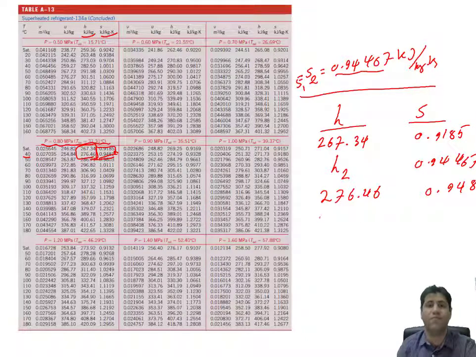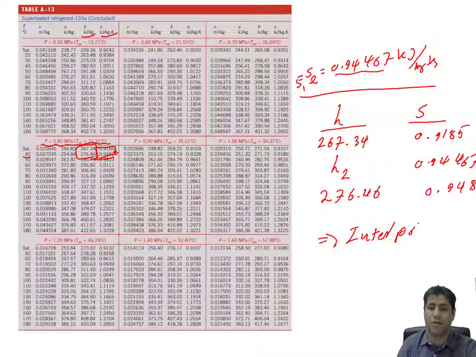So we have all of this information, and we need to do interpolation to find H2. I'm not going to do this to show this process of how to calculate it. It's already shown to you in a previous example.